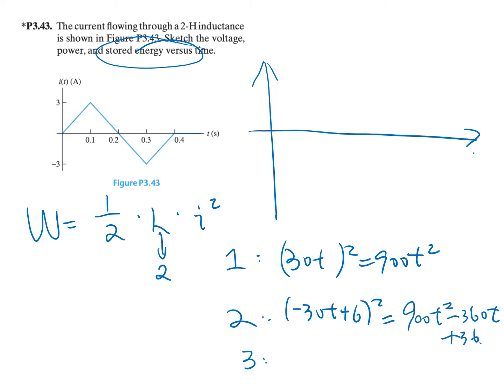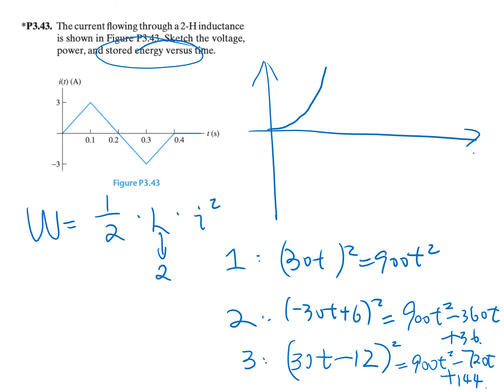And for the last stage, that is 30t minus 12 squared, and this is 900t squared minus 720t plus 144. So if you draw the diagram, it will look like this. This is 1.3.